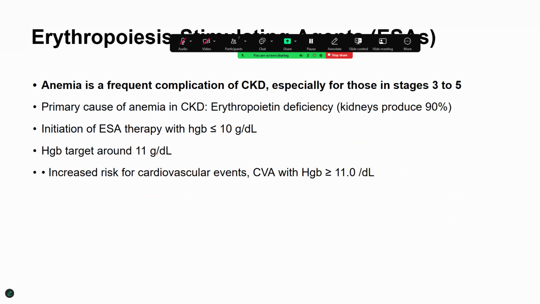For ESAs, we are all very familiar with our ESAs. In CKD patients, they start them if the hemoglobin goes less than 10, and the target is around 11. We're always worried about cardiovascular events, CVA, if they're getting higher doses and their hemoglobin is greater than 11.